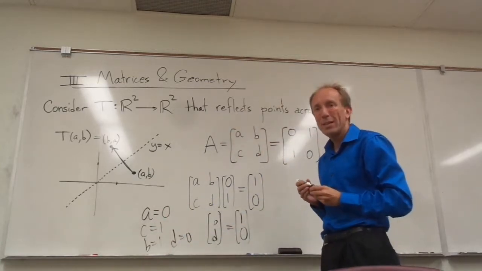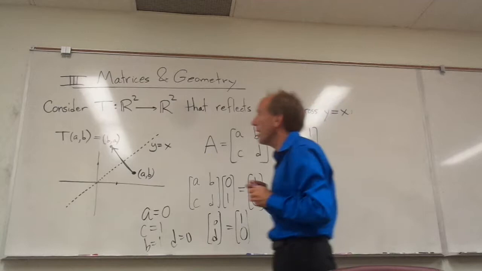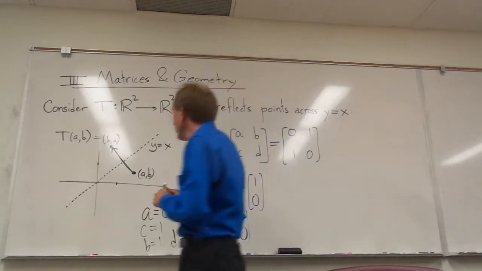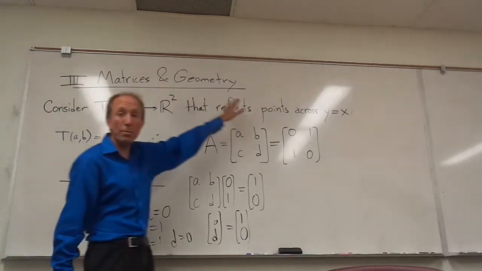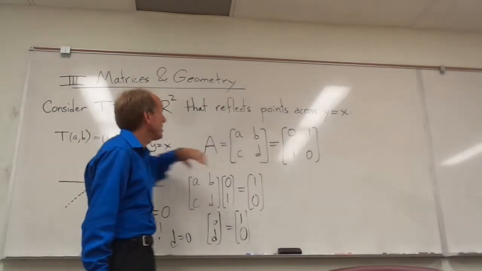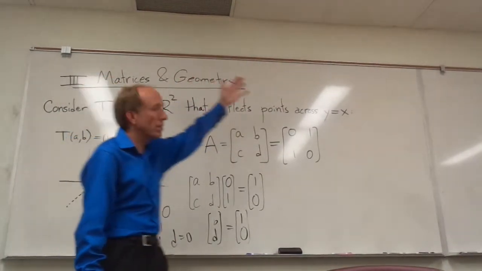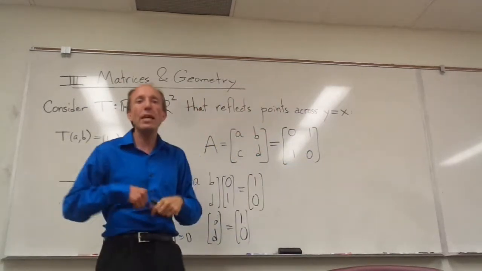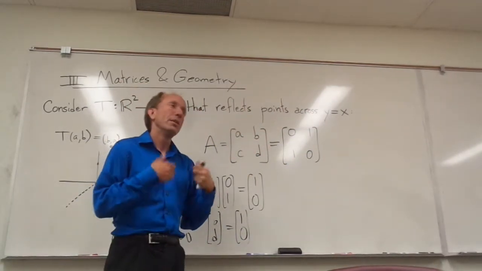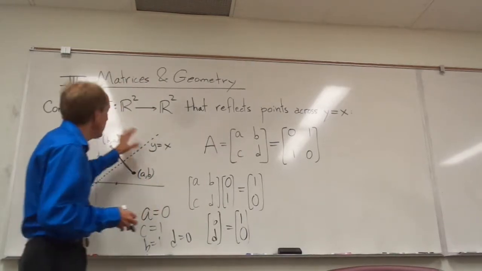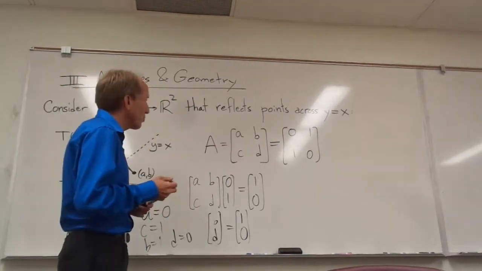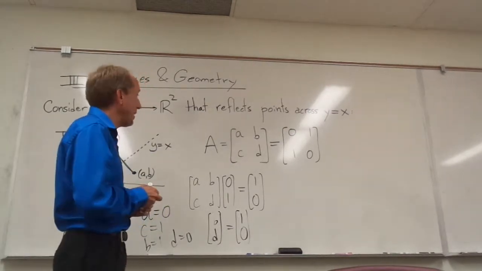Now, for example, if you think about it for a second, let's say you apply this transformation twice. Let's say you reflected a point across the line y equals x, and then you did it again. What would that new transformation, which we could call T squared, be?